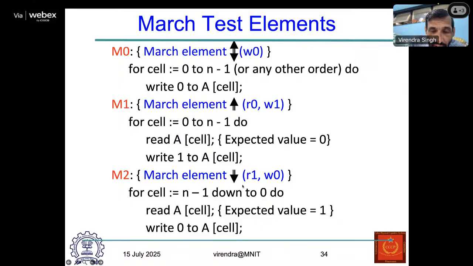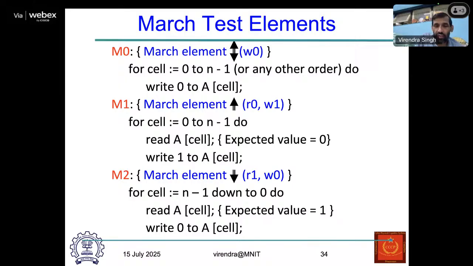Therefore I will read that particular cell and check against 1. If the check succeeds, you can say that it does not have a stuck-at 0 fault. If this check fails, you can say that particular cell has a stuck-at 0 fault.